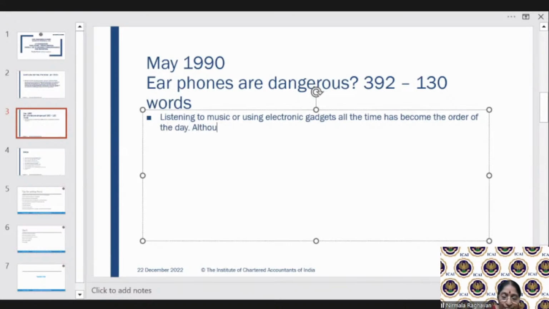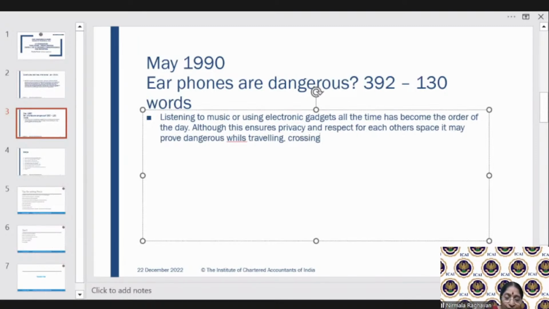Although this ensures privacy and respect for each other's space, it may prove dangerous while traveling, crossing roads, or on jobs.